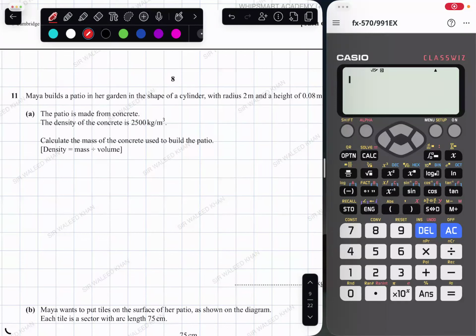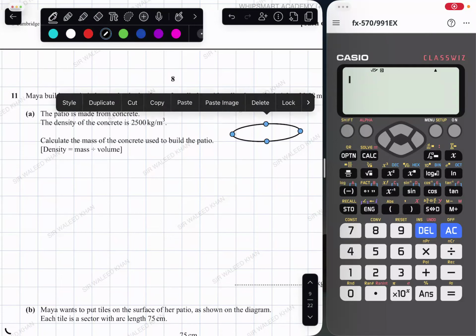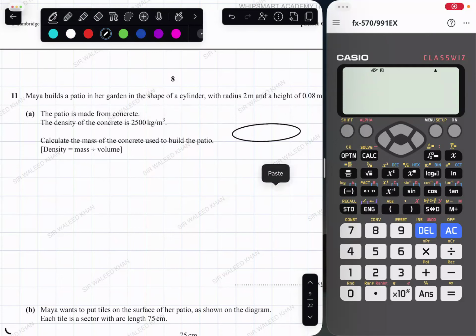Now, this is made up of concrete. It's in cylindrical shape, like this. I'm just drawing the shape just to have an idea because they haven't drawn anything. So calculate the mass of the concrete used to build the patio.